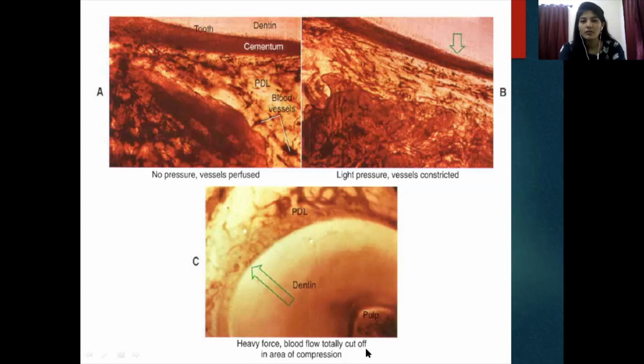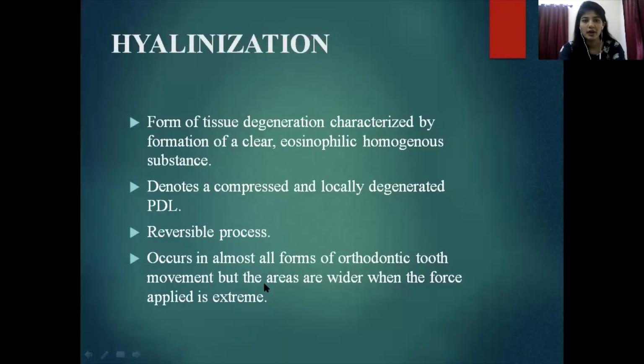The blood flow is totally cut off, and in the area of compression you can see the thickness. You can see the blood vessels, but in this area there are excessive forces and there is no blood.